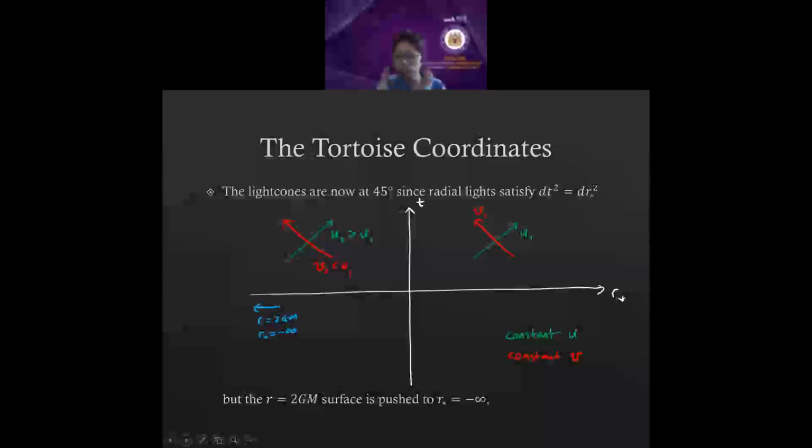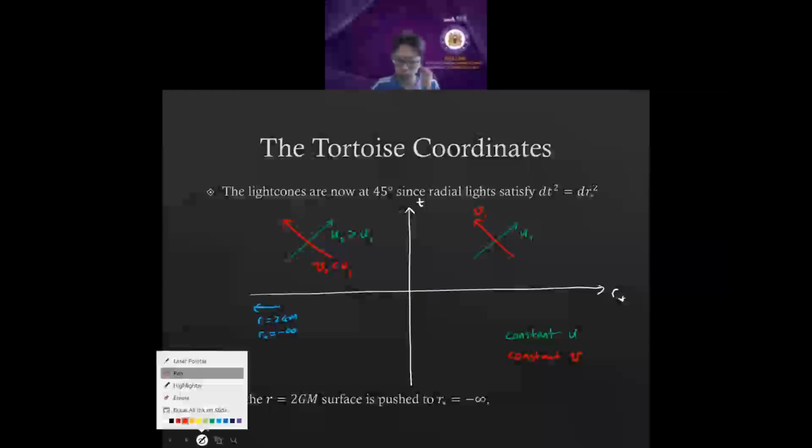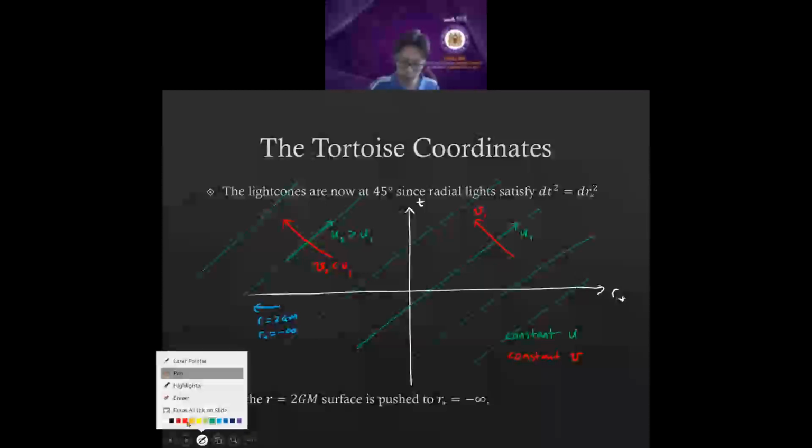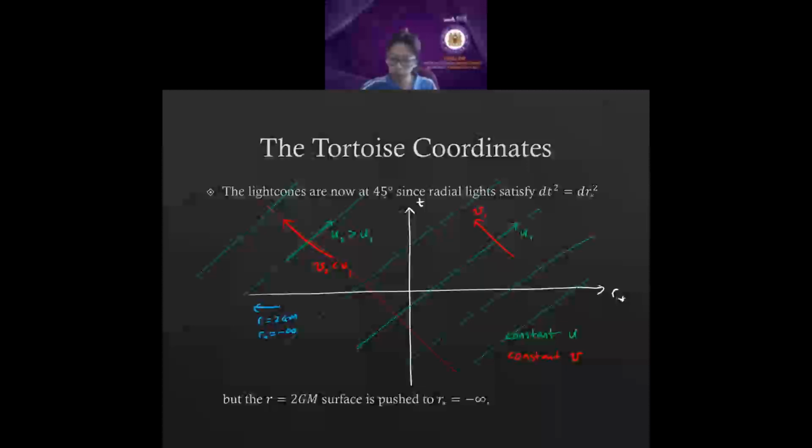The more important point is that these are lines of constant u, and the red lines are lines of constant v.